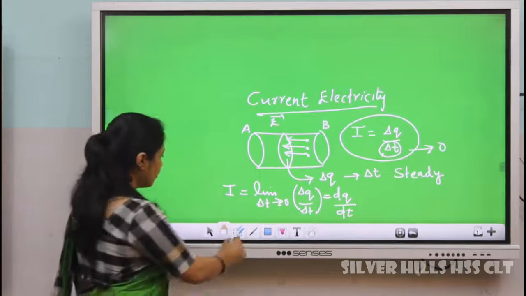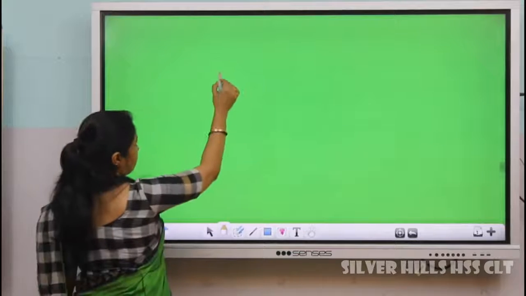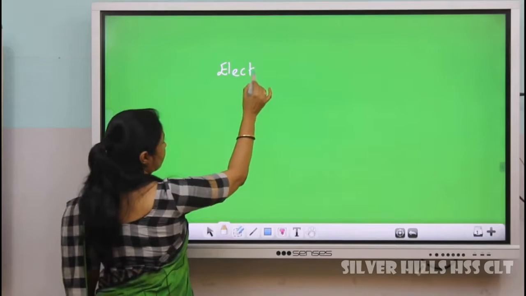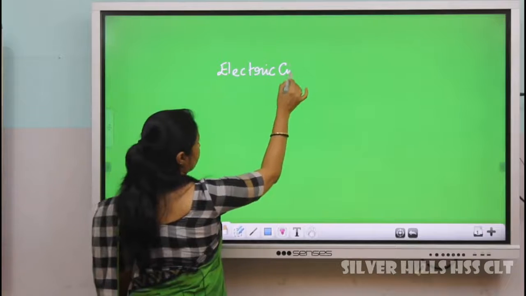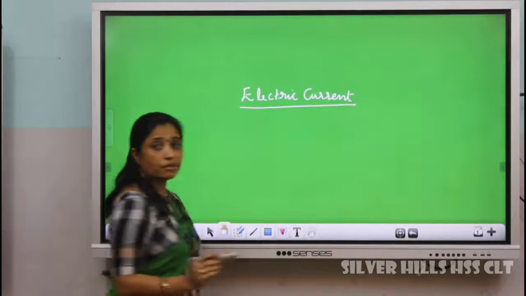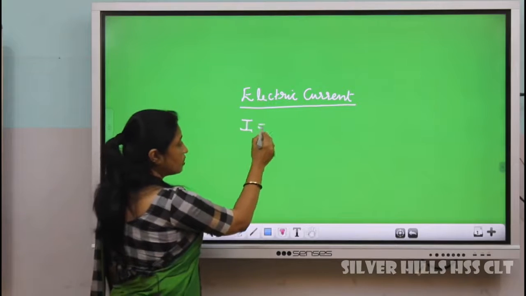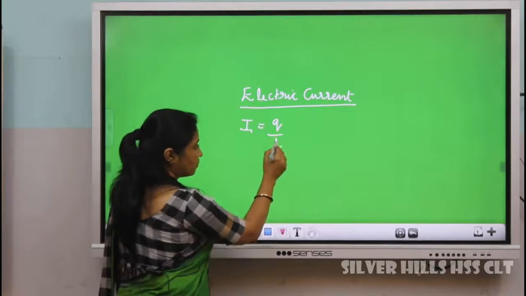Okay, now today we are going to learn in detail about the physical quantity electric current. Electric current is denoted by the capital letter I. I is equal to charge by time.